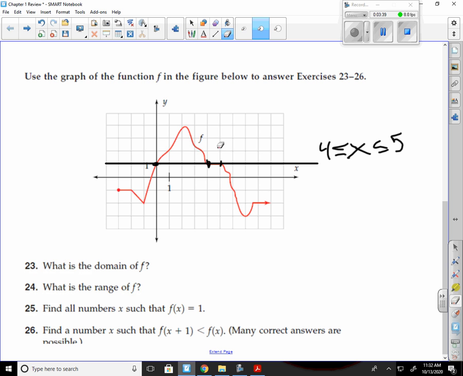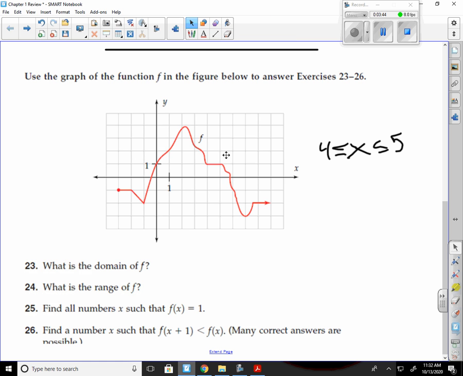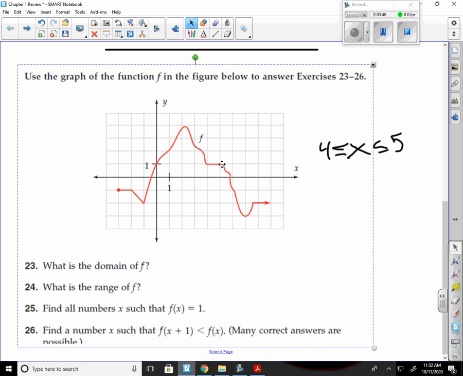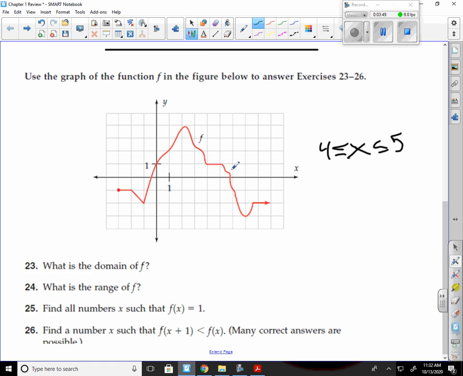If I look at this, my f of x is higher than f of x plus 1, because if I add 1 to x, that would take me out here. So I could just say from x equals 5 to x equals 6. F of x, when x is 6, is lower than at 5. That's all we needed to do.